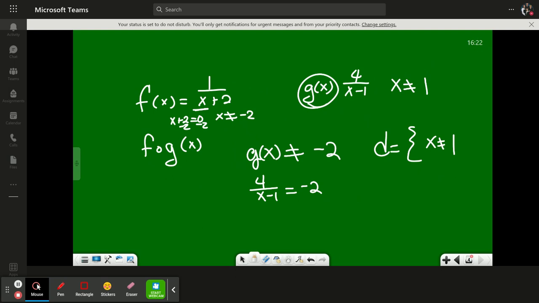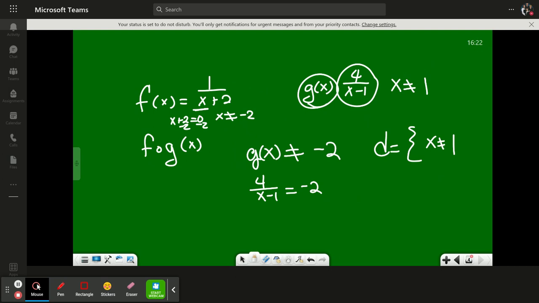What would go there? So this would be 4 over x minus 1 right there, right? But we know that there can't be a negative 2 here, because negative 2 plus 2 would give me that 0. So that's why I've got to find out what x would make this into a negative 2.